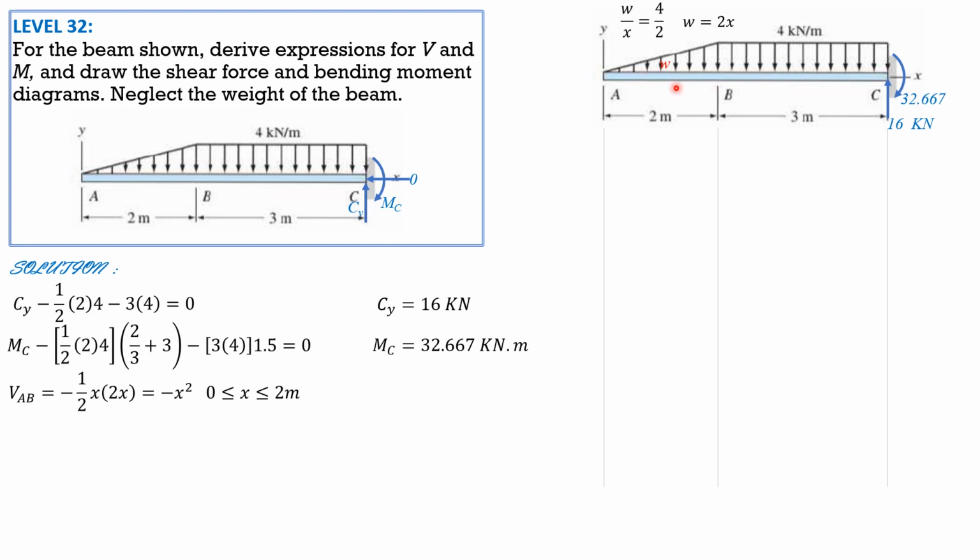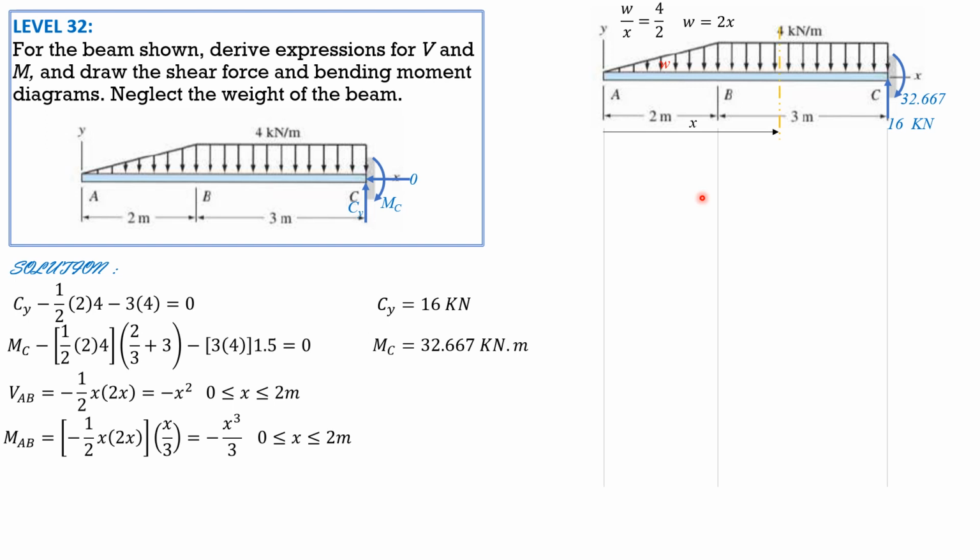Then for moment, it is counterclockwise plus moment of the triangular load about this section, 1/2 of x times 2x. The moment arm is x over 3 equals 0. So moment is negative. So moment AB is negative 1/2 of x times W, 2x, times moment arm x over 3. Remember, centroid of triangle. So it is negative x cubed over 3, applicable for 0 up to 2.